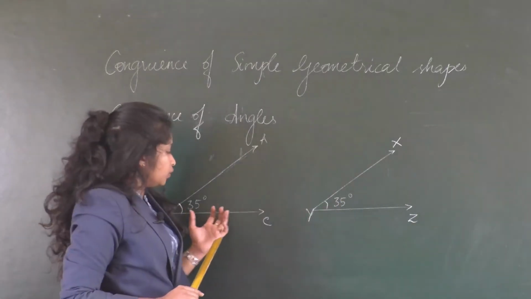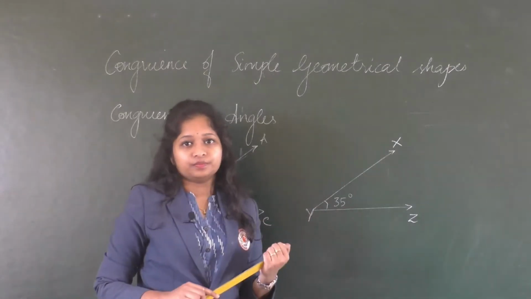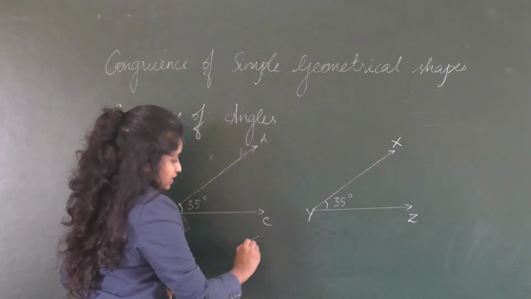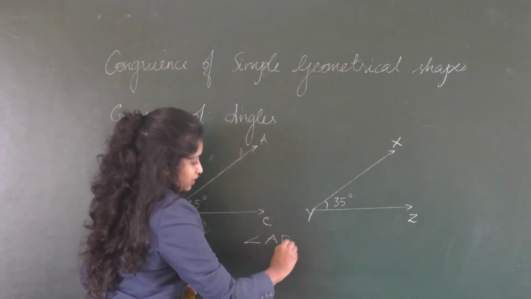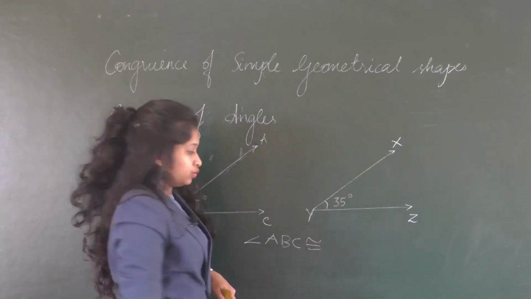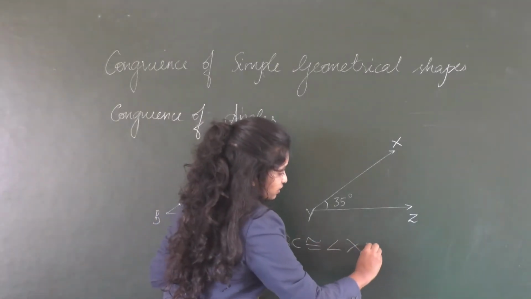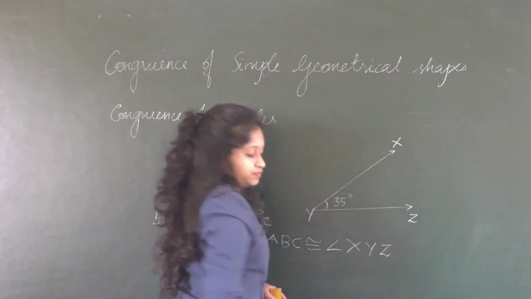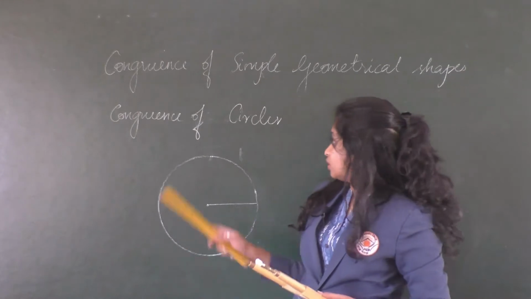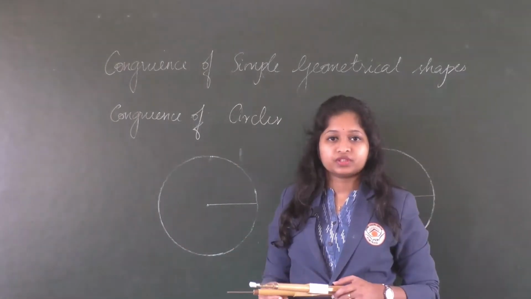That means both the angles are same. There is no difference. Okay, that means we can write it as angle ABC is congruent to angle XYZ. So children, next let's see the congruence of circles.